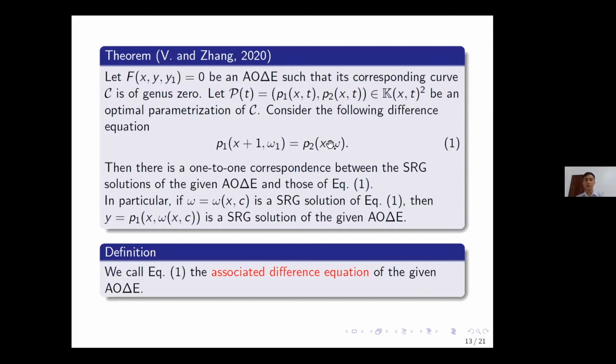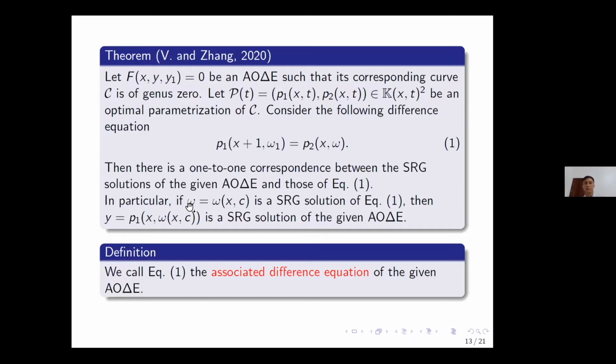And you see, in this new differential equation, omega and omega1 are separate. Then we claim that there is a one-to-one correspondence between the strong rational general solutions of the given AO delta E and the strong rational general solutions of equation 1. And if we know a solution of one, then we can derive the solution of the other.